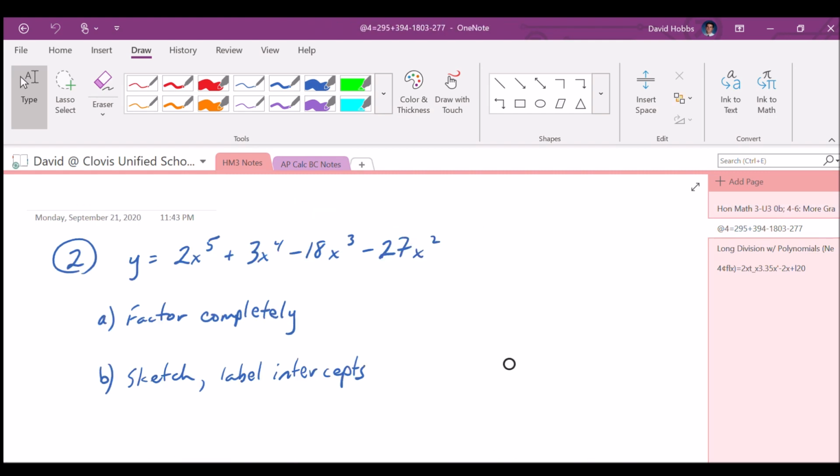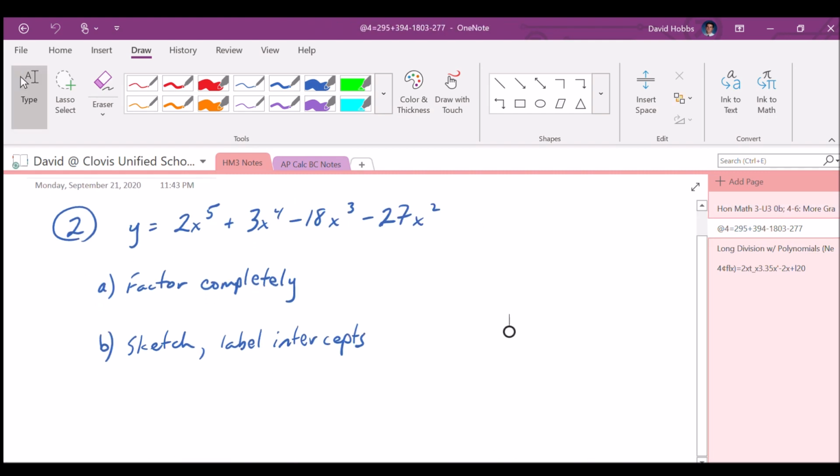Problem number 2. Similar directions. We've got to factor completely. Okay, so let's point out some things. It's already in standard form. It's all multiplied out. I notice it's positive 2x to the 5th, so this is a low to high.